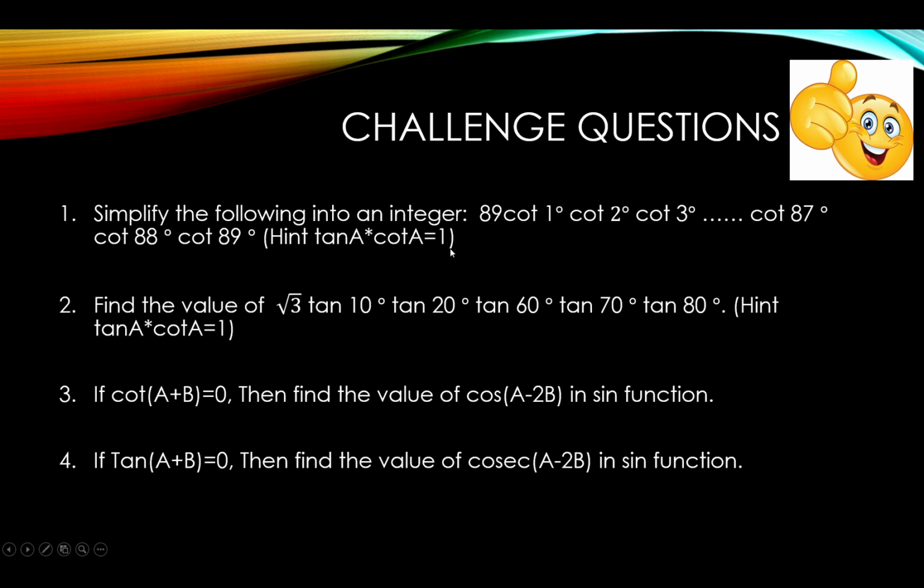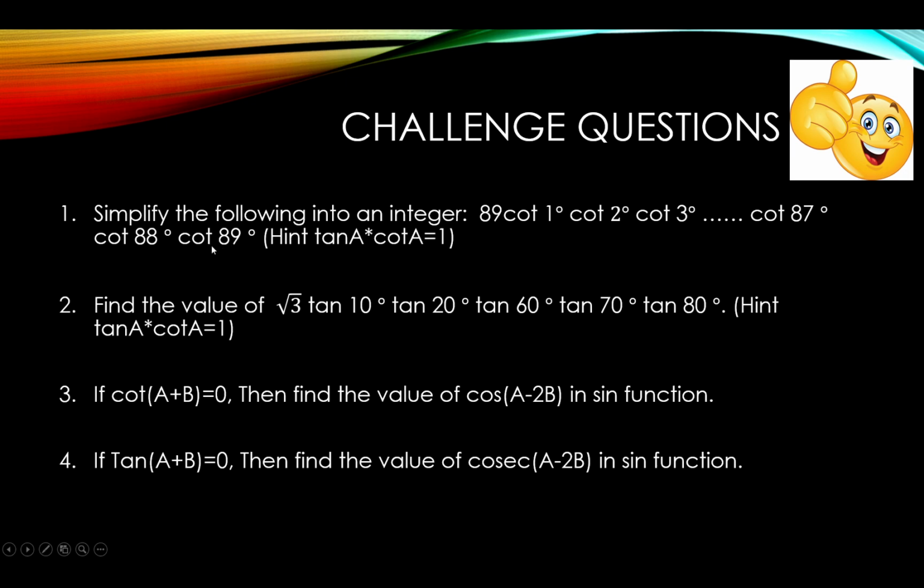I'm going to give you a hint that you have to use the complementary angle rule, and also that tan A multiplied by cot A is equal to 1. So I will again be telling you this expression: cot 1 multiplied by cot 2 multiplied by cot 3, and so on, up to cot 87 multiplied by cot 88 multiplied by cot 89.